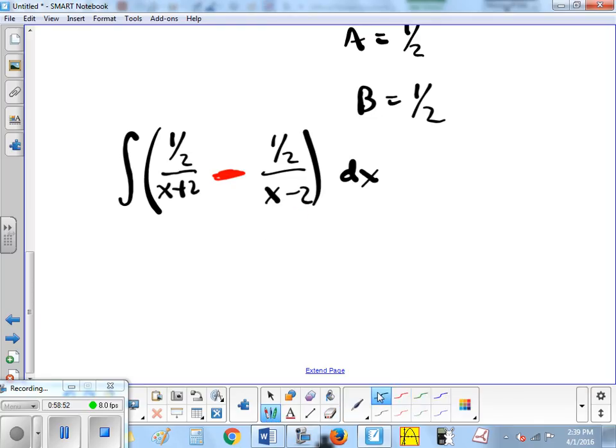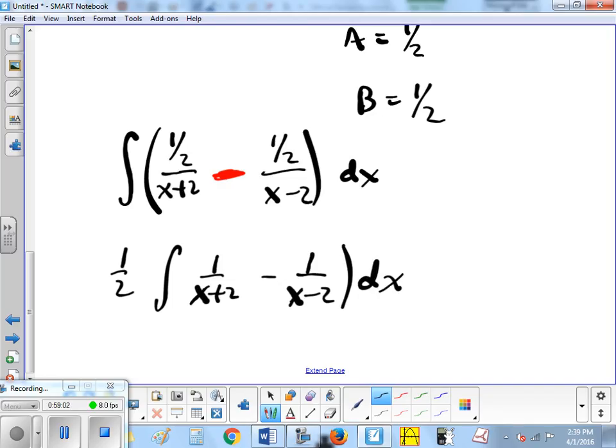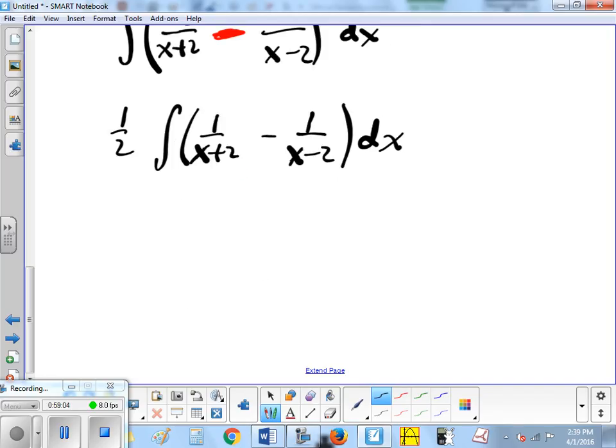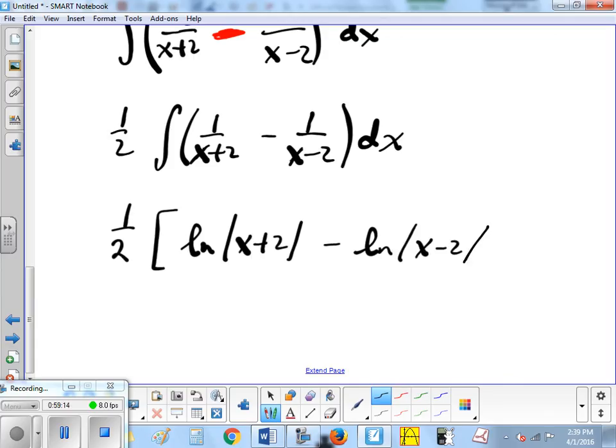So now I'm just going to pull out the half. And this is just 1/2, and there are 2 logs: ln absolute value x plus 2 minus ln absolute value x minus 2 plus c.